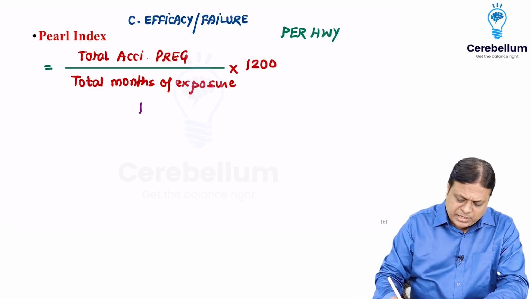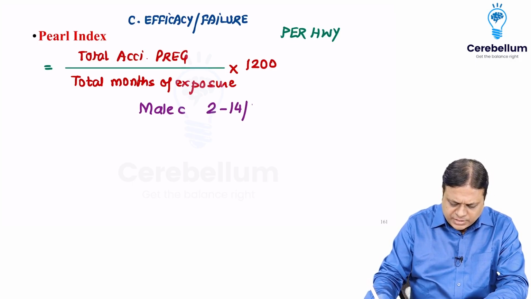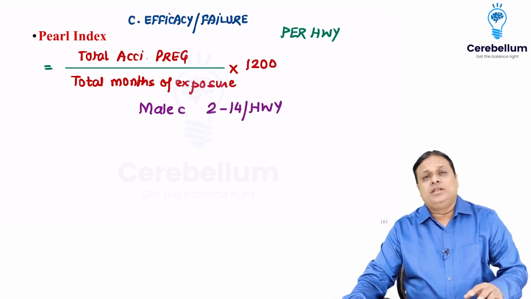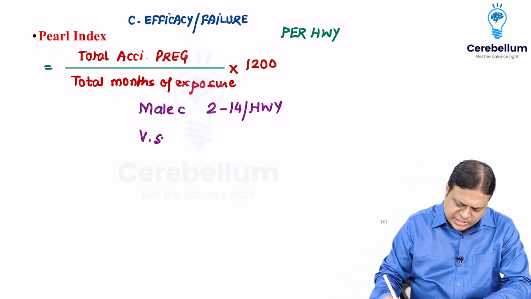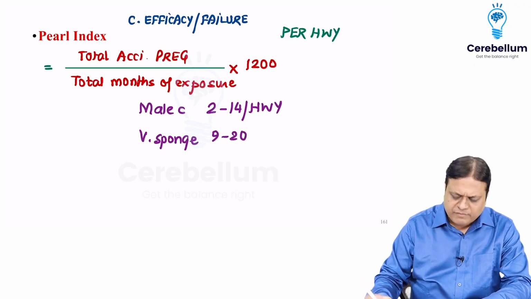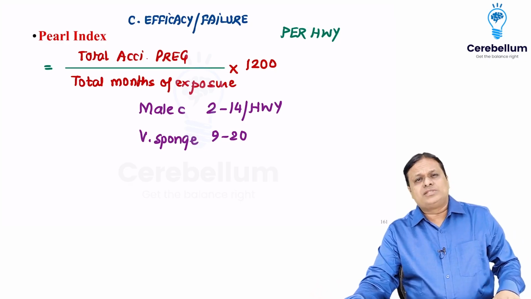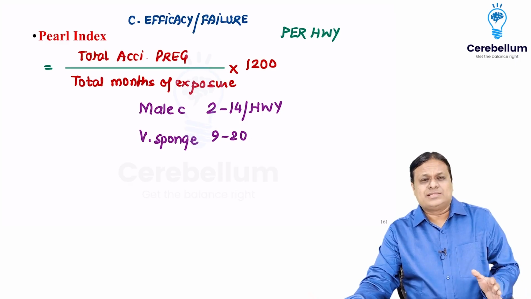When we look at male condoms, 2 to 14 is the Pearl index. Lower than female condoms, 5 to 21. When we look at vaginal sponge, 9 to 20 per 100 women years. IUDs 1 to 5, OCPs 0.1 to 2, and sterilization 0.1 is the least Pearl index.